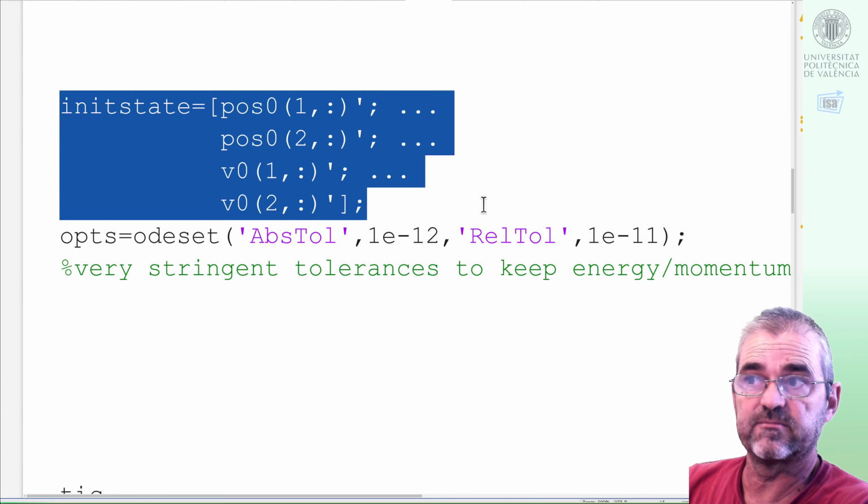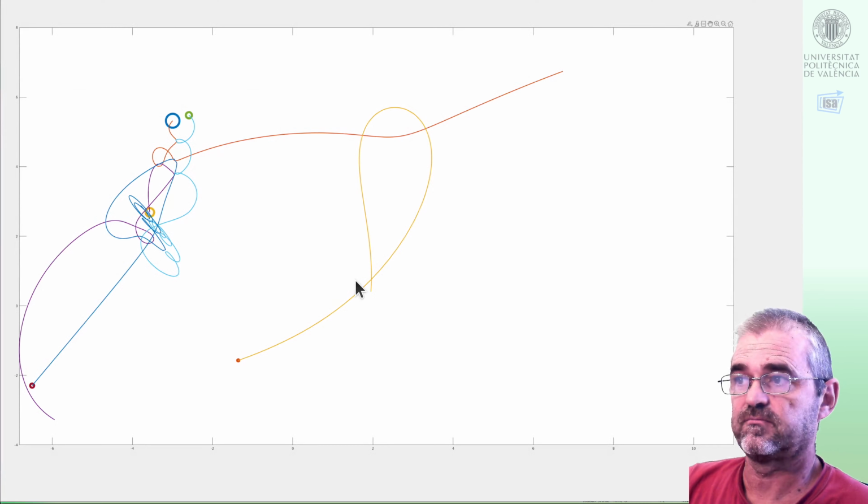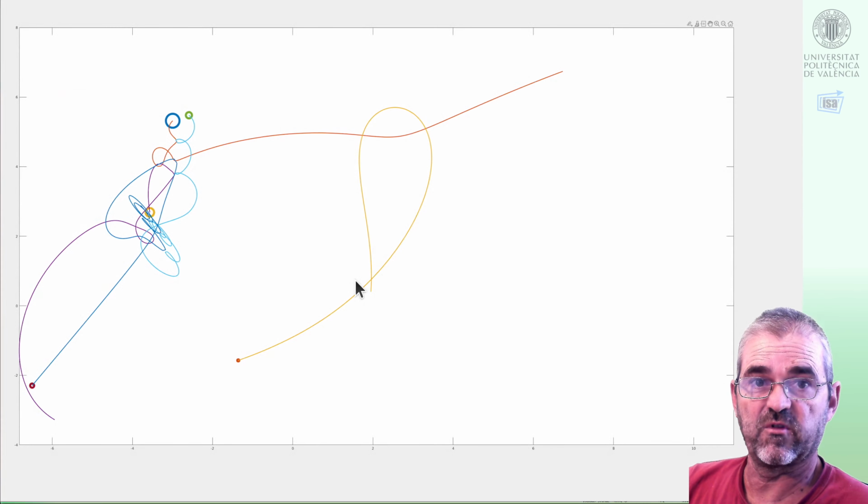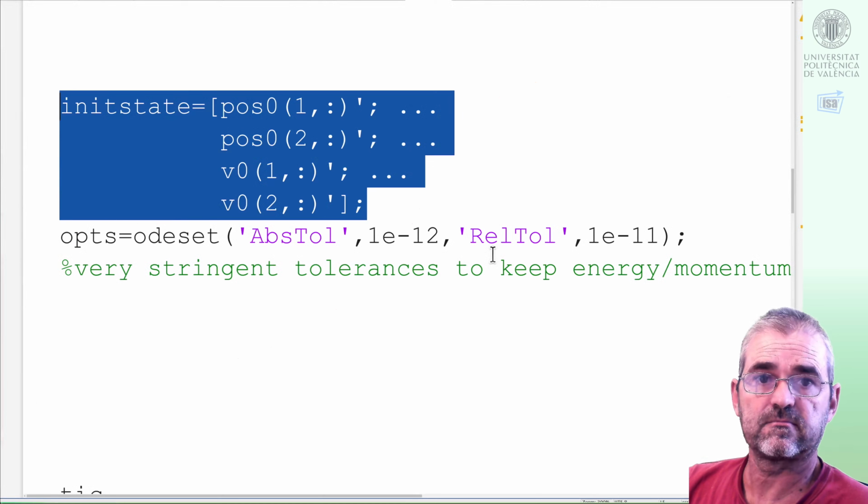So in our code, the state will be formed by the x position and y position of all the bodies involved in the movement and the x velocity and y velocity. So for instance, in this 5-body simulation, my state vector will be of size 20.